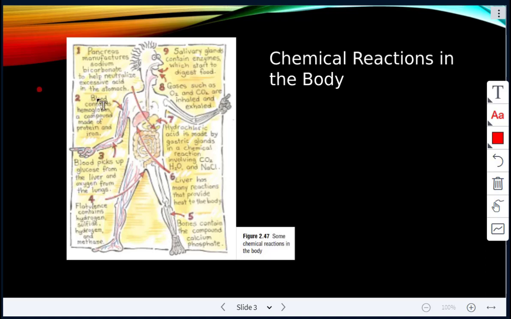Another example, the pancreas. The pancreas produces sodium bicarbonate, and that's important to neutralize any excessive acids in our stomach. That would be another chemical reaction taking place inside the body. There are some more listed here as well, and this is also in the textbook.